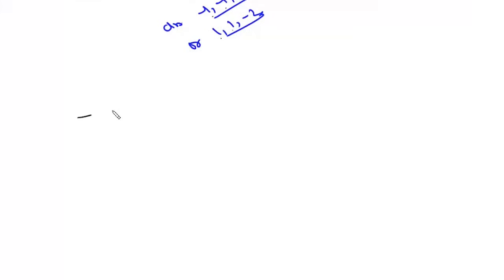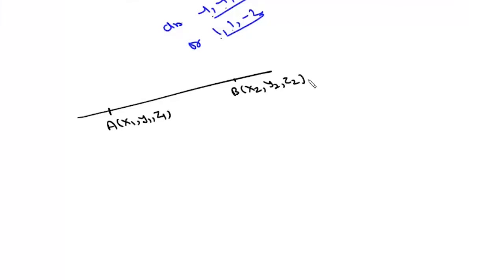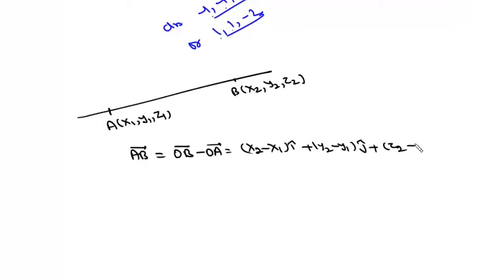Now suppose we have 2 points A and B, and A is x1, y1, z1, and B is x2, y2 and z2. Then we know that vector AB is position vector of B minus position vector of A. So it will be x2 minus x1 i plus y2 minus y1 j plus z2 minus z1 k.